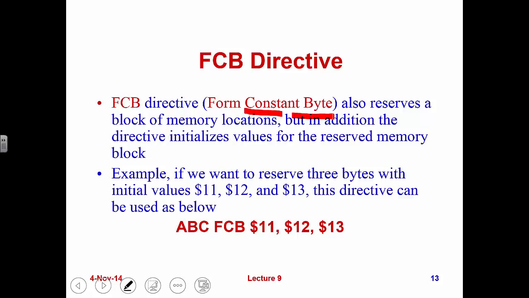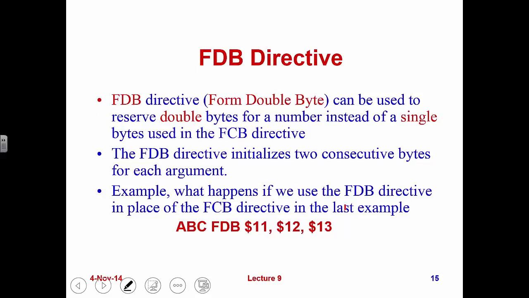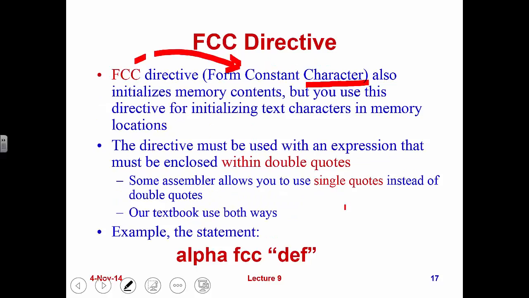Mainly for numbers. So we reserve a block of memory, and for each location we initialize the value by 1 byte of data. So it's mainly by numerical value like this. In comparison, the FCC is mainly for characters, like alphabetic characters.